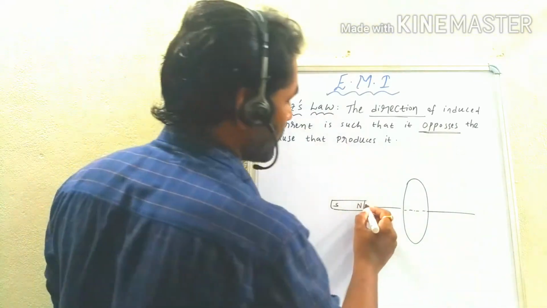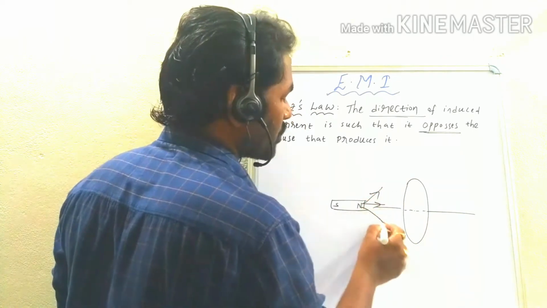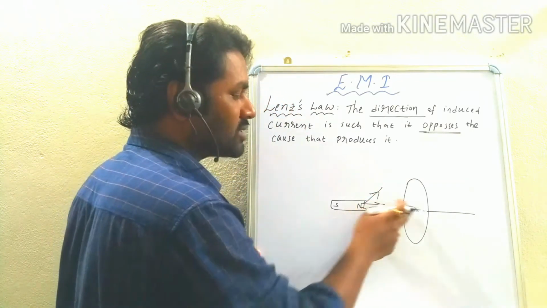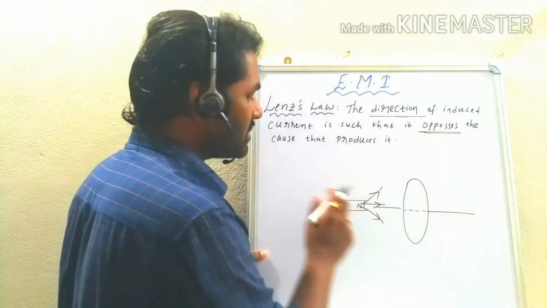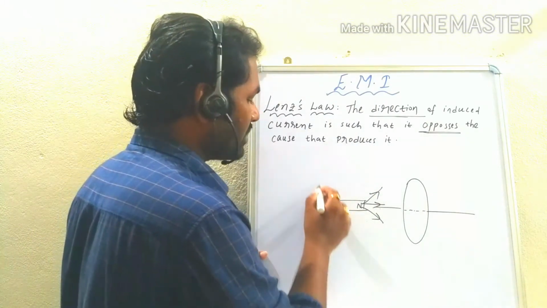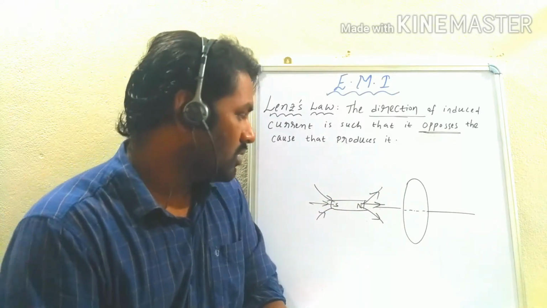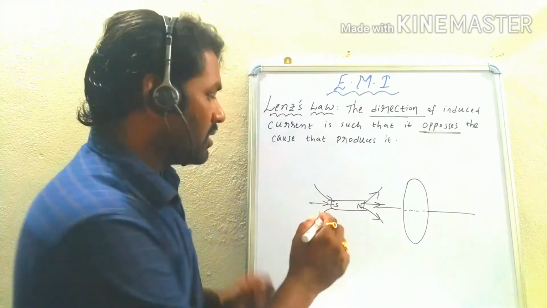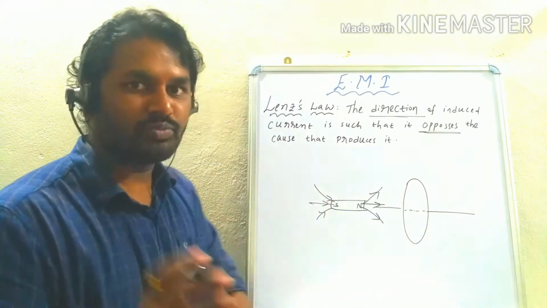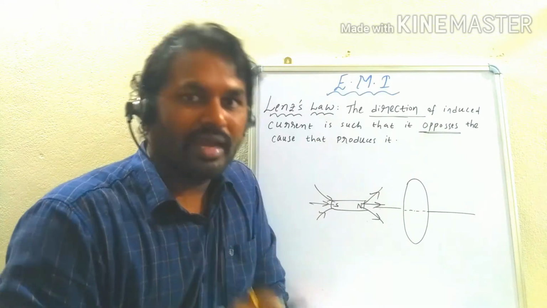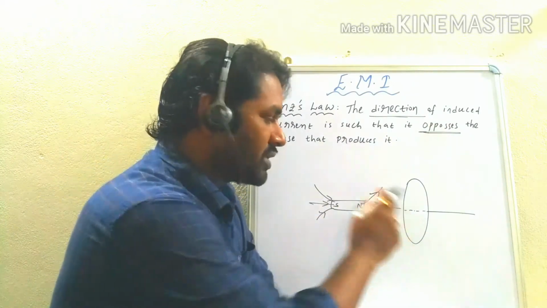You can see the magnetic lines of force start from the north pole, pass through the area of the coil, and end at the south pole in this manner. If this magnet is at rest with respect to the coil, which means there is no relative motion between the two, no induced current is developed.